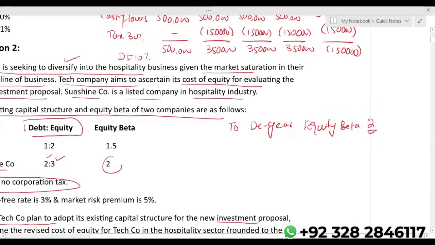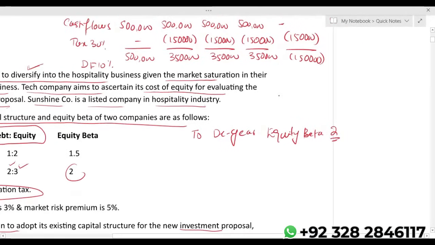And don't forget one concept. That concept says equity beta is always higher than beta asset. Because equity beta has got 2 risks. One is financial risk, and another is your business risk. Beta asset is a one risk beta which only measures the business risk. So logically, equity beta will always be higher than beta asset.